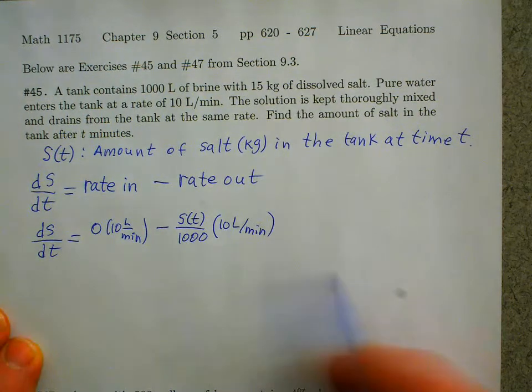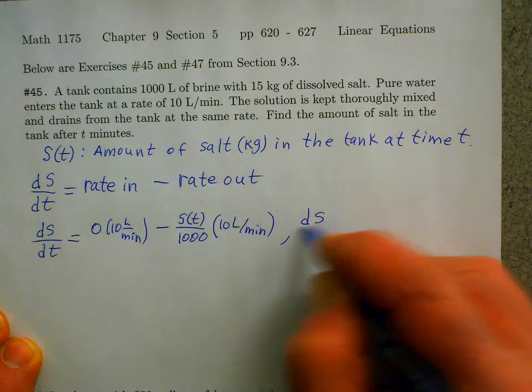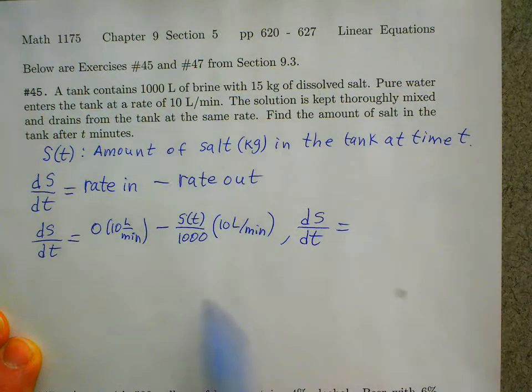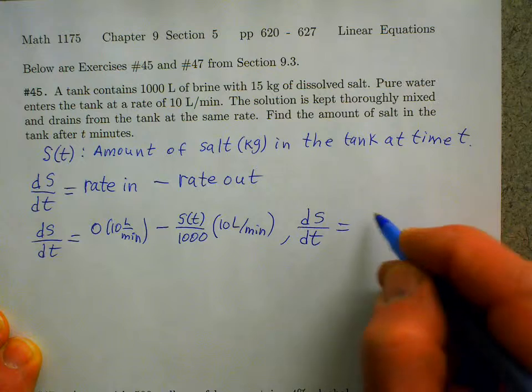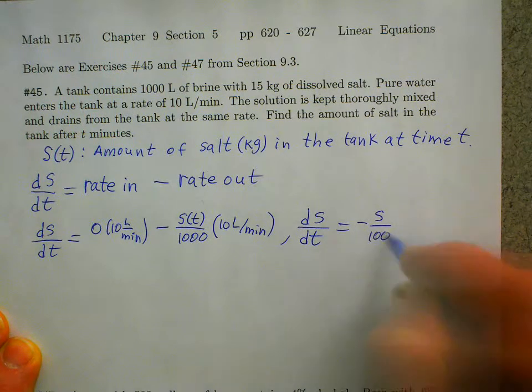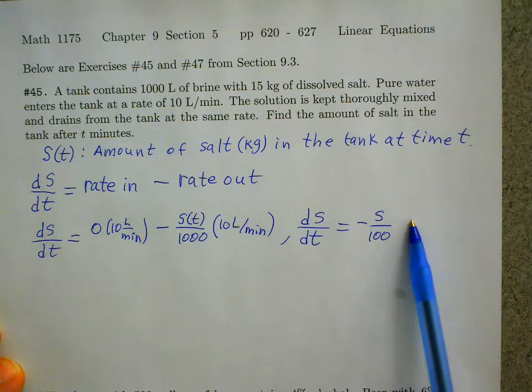Okay, so we'll simplify this a little bit. dS/dt, we'll just write it as negative S over 100. And we know that the units are liters of salt per minute.